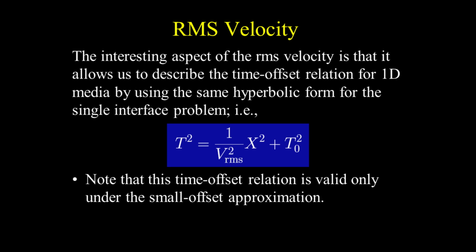That is, travel time squared equals offset squared over RMS velocity squared plus the square of travel time at normal incidence, where T is the two-way travel time at the offset x, and t0 is the two-way travel time at zero offset. Note that the time offset relation is valid only under the small offset approximation.